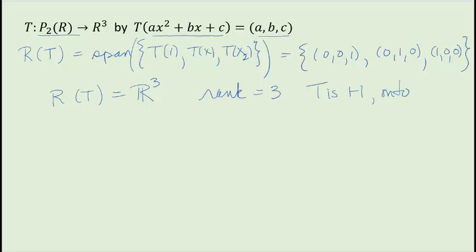The dimension of these two spaces is exactly the same. And we know that the nullity is 0. The only vector that gets sent to 0, 0, 0 is the 0 polynomial.